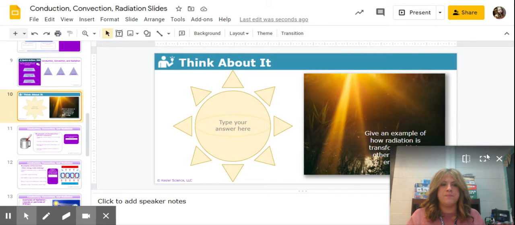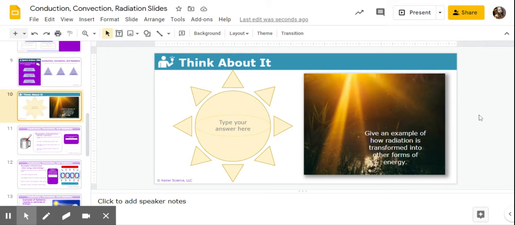Give an example of how radiation is transformed into other forms of energy. So what's an example of how radiation could turn into either thermal energy, conduction energy, or convection energy? How is it transformed to conduction or convection?